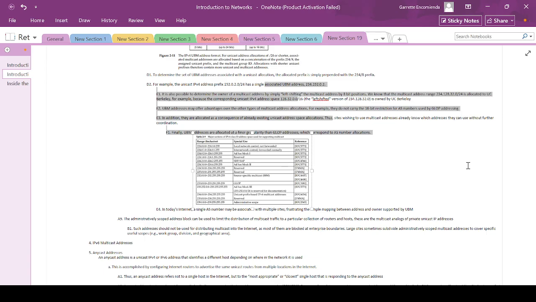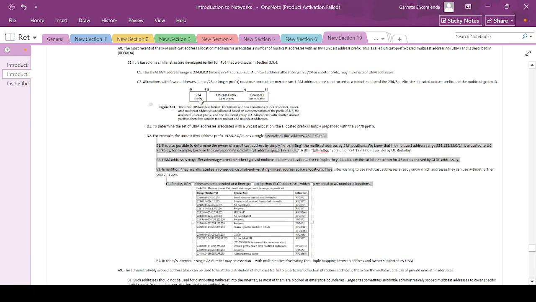It's also possible to determine the owner of a multicast address by simply left shifting the multicast address by 8-bit positions.